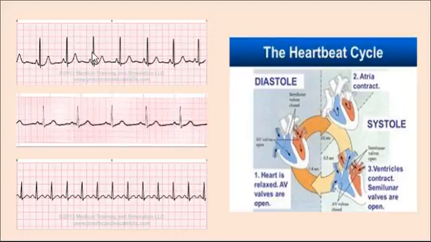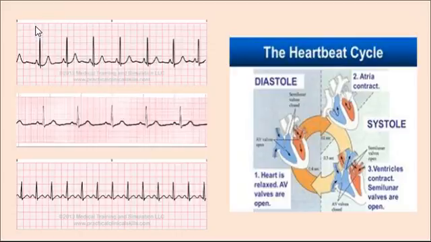So when you look on here, these marks right here, from here to here is 3 seconds, here to here is 3 seconds. When you go to evaluate a rhythm, you want to look at a 6-second strip. So you want to go 3 seconds, 3 seconds, that's a 6-second strip.